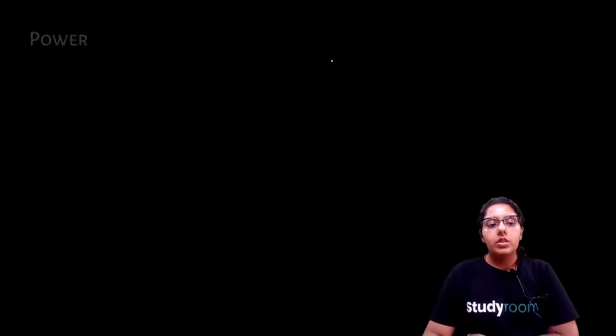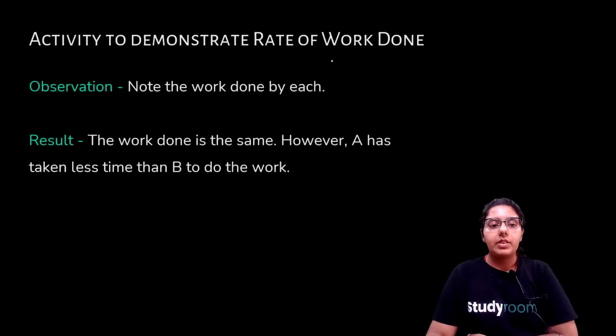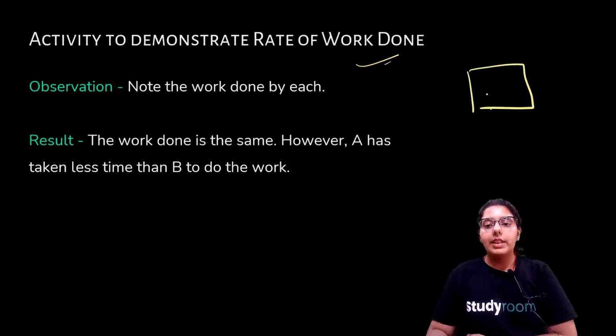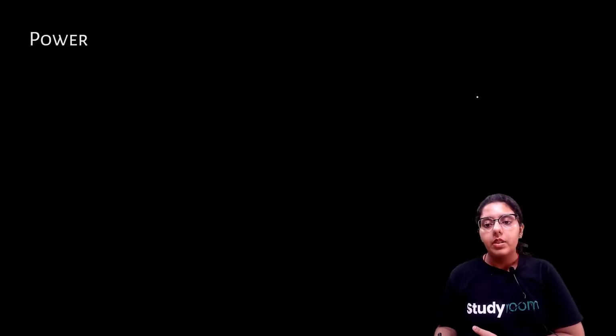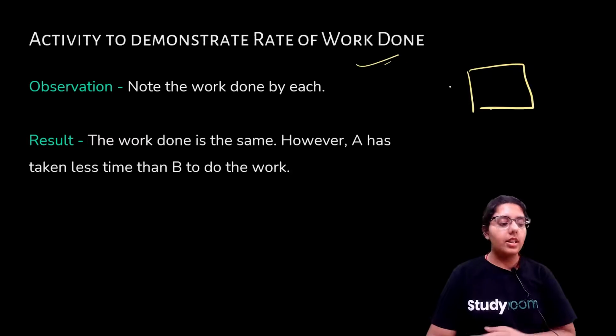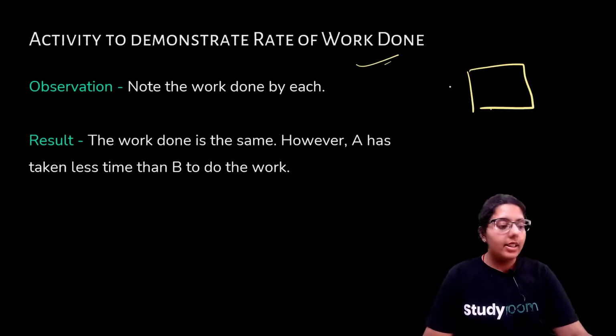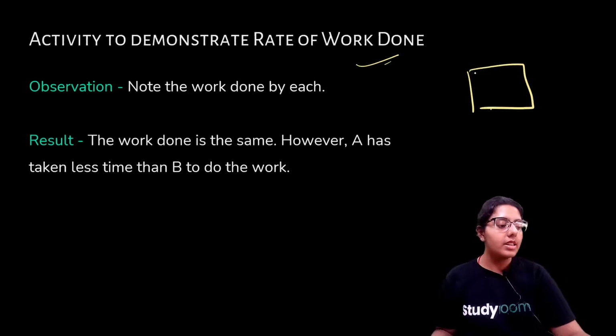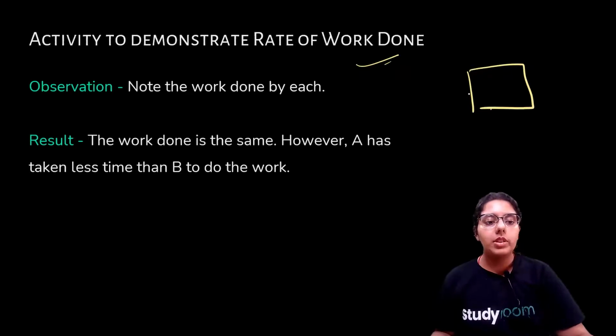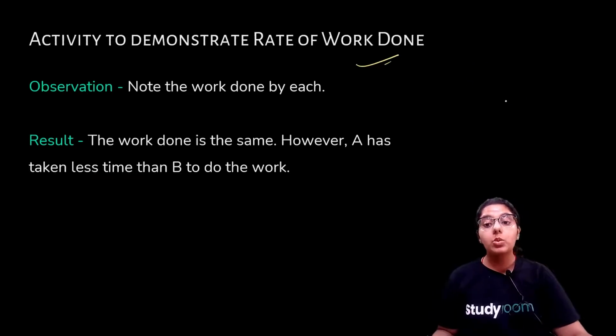So, okay. For example, let's do this example. So, there are two children, A and B, and A takes 20 seconds to do some work and B takes, suppose, 50 seconds to do the same work.